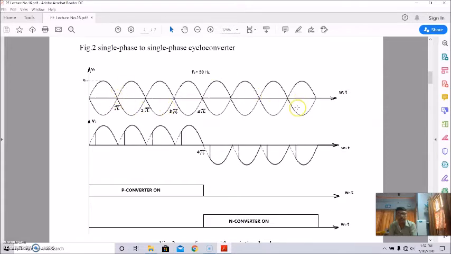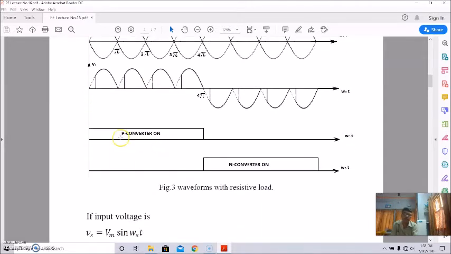So this is the input voltage waveform, and this is the output voltage waveform. This is the delay angle. This part is for the positive converter, bridge converter, and this part is for the negative converter.